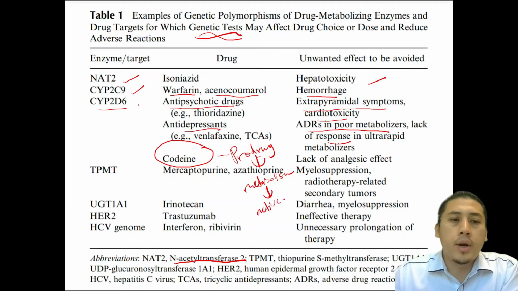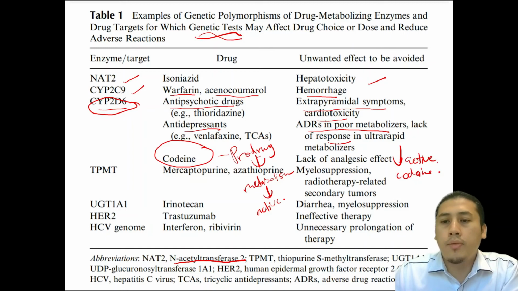So if there is a variation in this enzyme, and this enzyme cannot metabolize or has reduced capability to metabolize codeine, then you will have less active codeine. And the function of codeine is a painkiller. So when you have less active codeine, then you will have a lack of analgesic effect. All right. Then you can read the rest of the table by yourself.